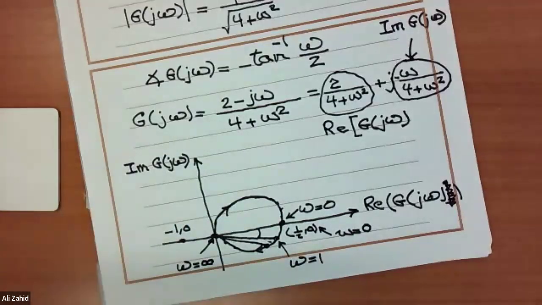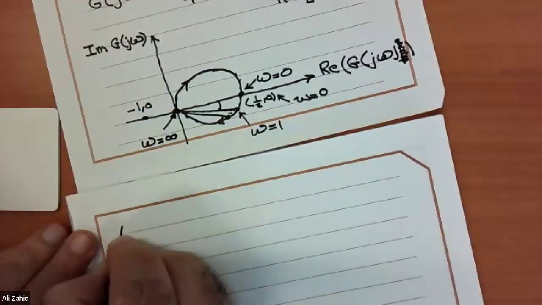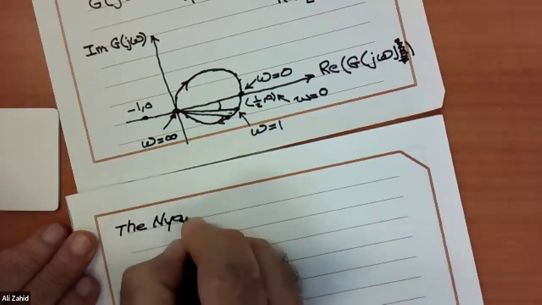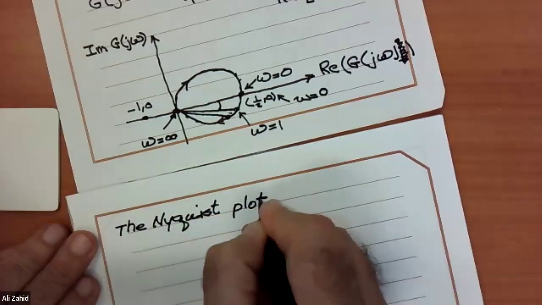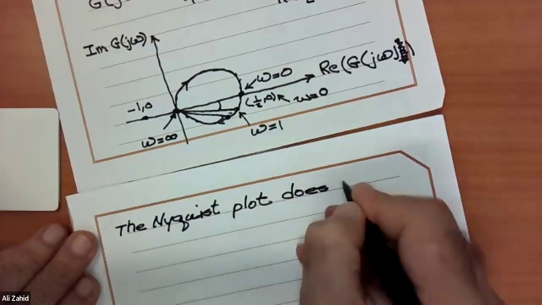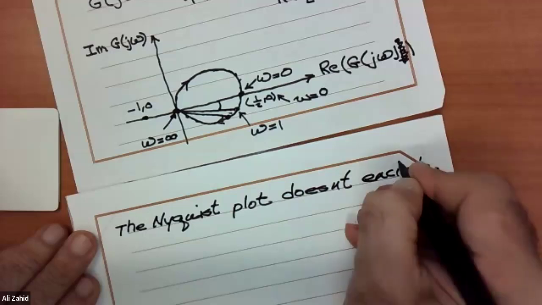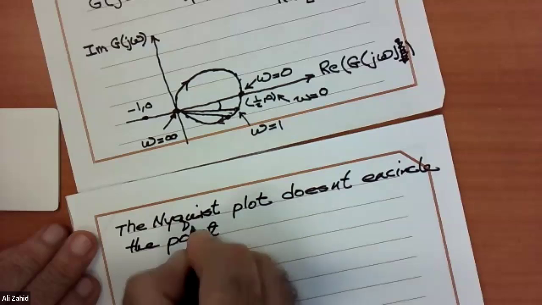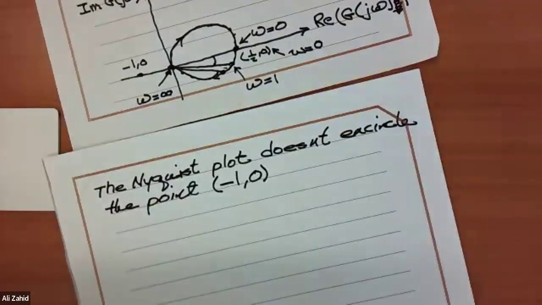It does not encircle it. Never. So what does that mean?